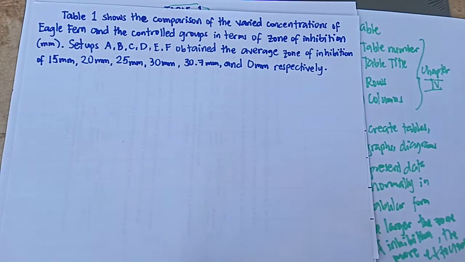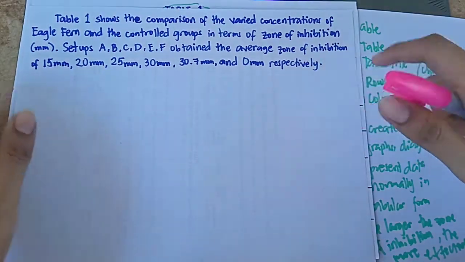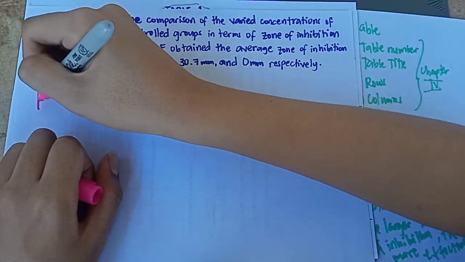So the interpretation in this table would be, let us have our interpretation.